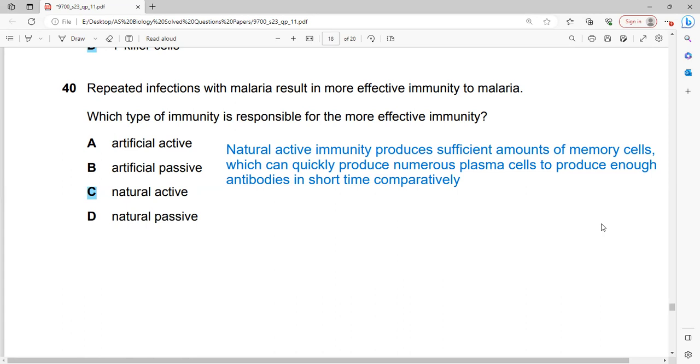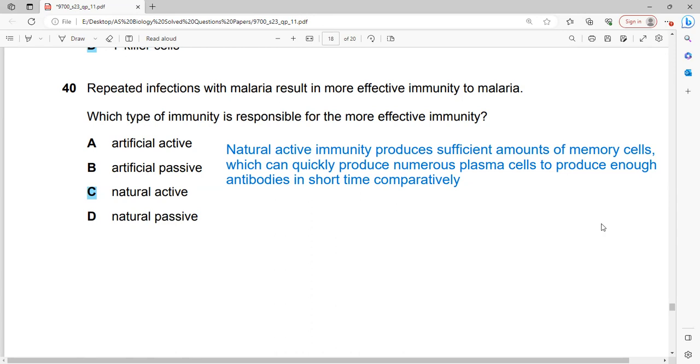So in this way, this type of natural active immunity will produce a sufficient amount of memory cells, which can produce a sufficient amount of plasma cells to produce plenty of antibodies to give the quickest response on second entry. So that's why natural active immunity is considered the most effective immunity.